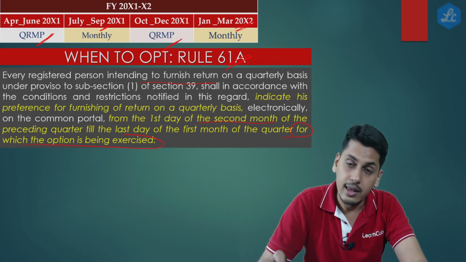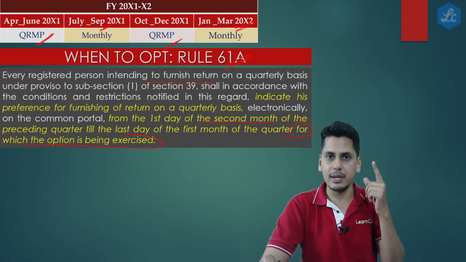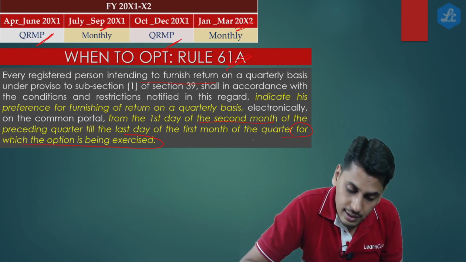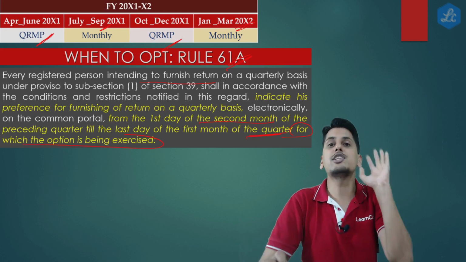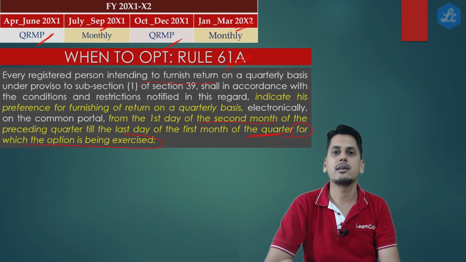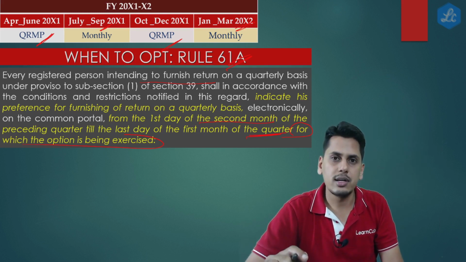I repeat again, it gives a time slot of the first day of the second month of the preceding quarter till the last day of the first month of the quarter for which the option is being exercised, which means that this QRMP scheme can be chosen quarter wise.